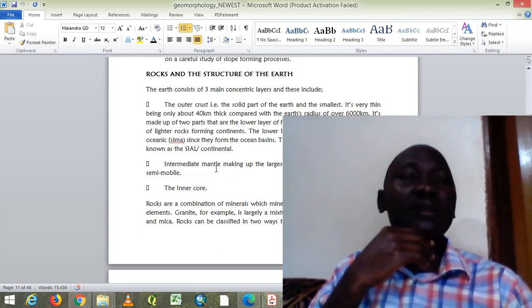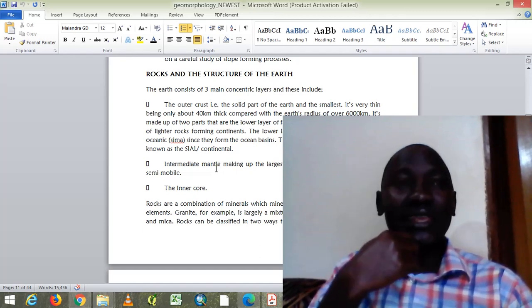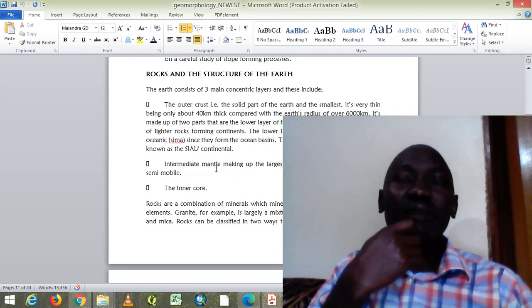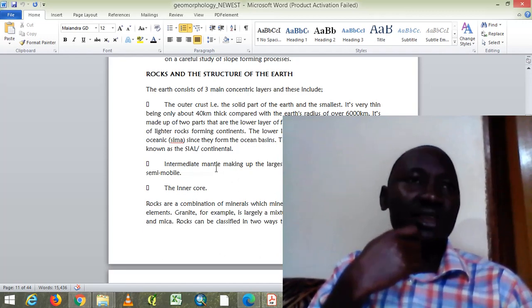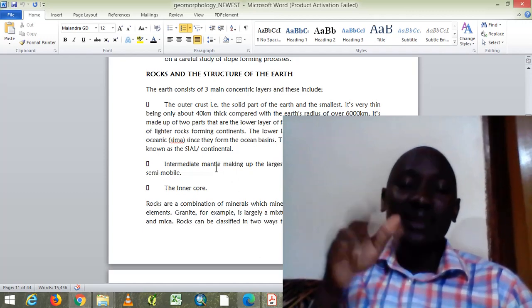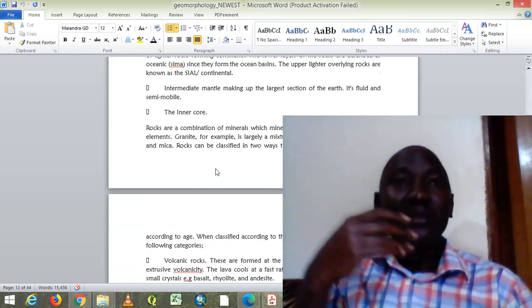The shell is the crust, also the smallest part of the egg. Then we have the egg white, which is the mantle, the largest part of the egg. Then we have the yolk, which is the core. So that egg can explain the structure of the Earth quite easily.